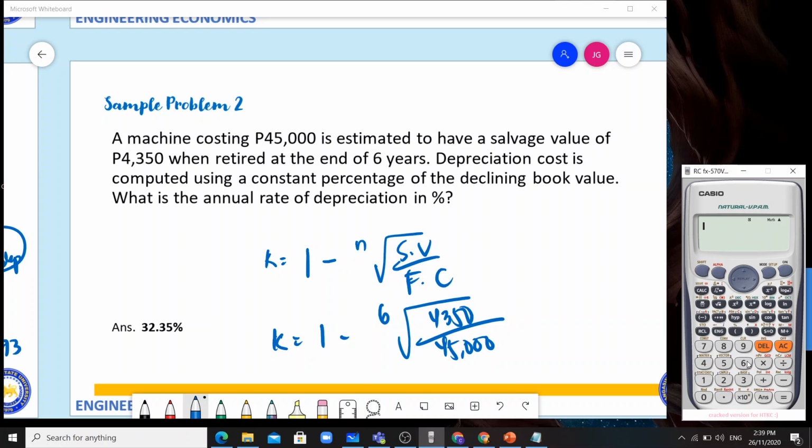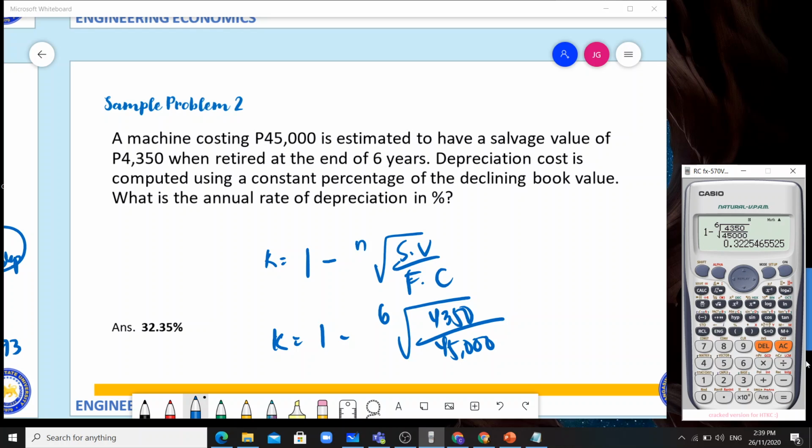So that is 1 minus the 6th root of 4,350 over 45,000. Shift solve. Okay. Oops, just solve pala.